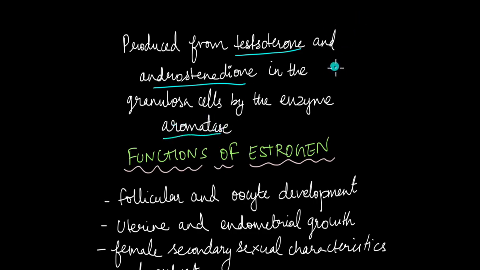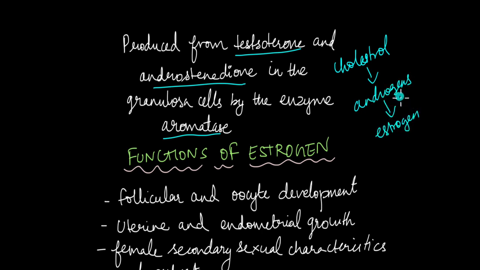What happens is that in females, cholesterol is initially converted to testosterone and androstenedione, which means that it is converted into androgens. And it is these androgens that are then converted to estrogen with the help of the enzyme known as aromatase. This is why low levels of testosterone and androstenedione can be detected in females as well.